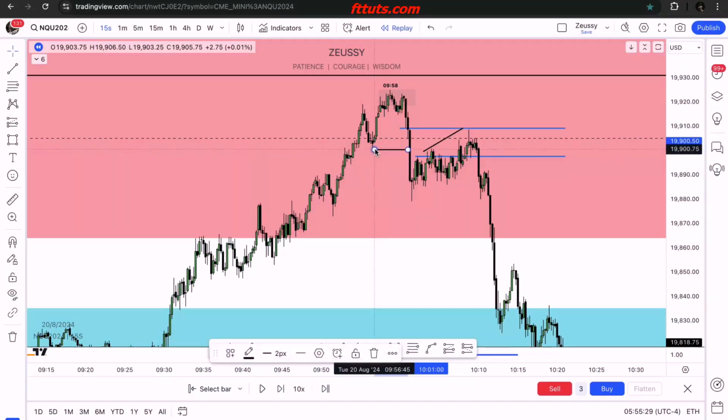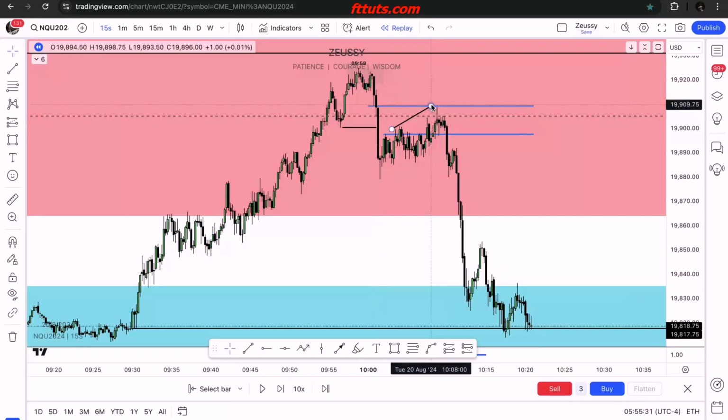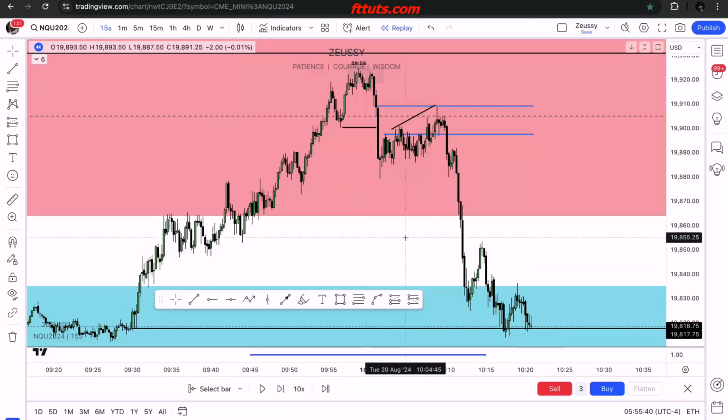Now, if we pay attention to that SMT which is taking place inside of the low-risk cell, let's say that you were not comfortable yet with shorting inside of that low-risk cell, and let's say that you were hesitating with the entry at exactly 10:08 right here, which is a key time. When that hesitation takes place, you can do one or two things.